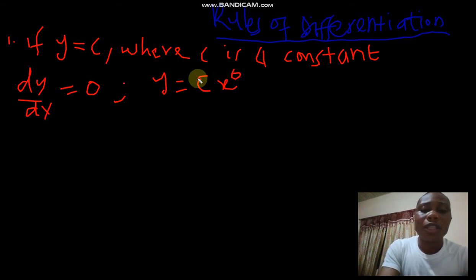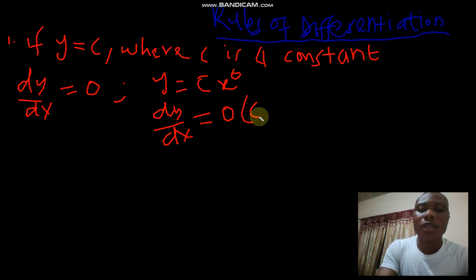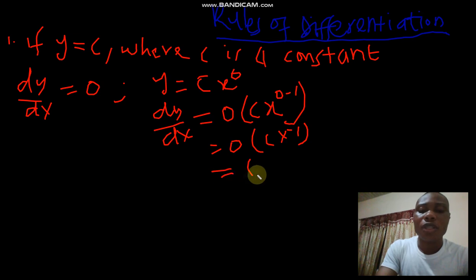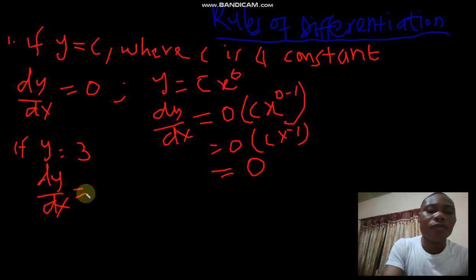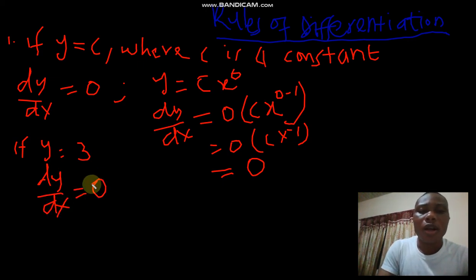Therefore, if I differentiate this, I'll get dy/dx equal to 0 multiplied by c x to the power 0 minus 1, and that will give me 0 times c x to the power -1, where everything will be 0. So anytime I differentiate a constant, I'll get 0. For example, if I have y equal to 3, then dy/dx is equal to 0. Are we okay? So that is for the first part.